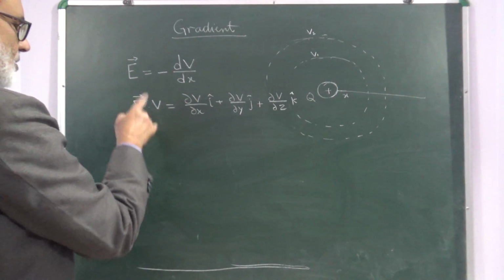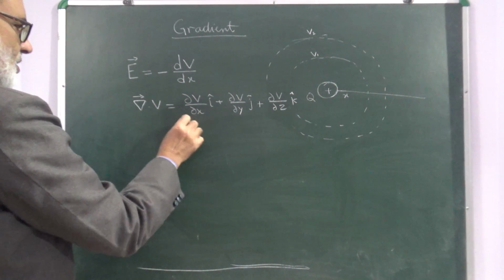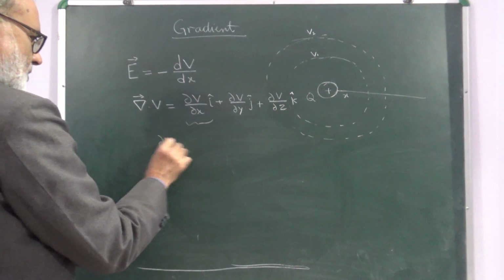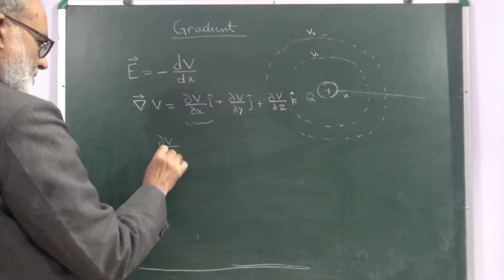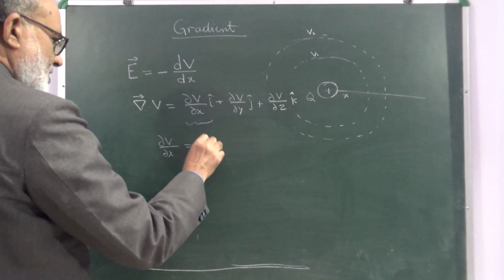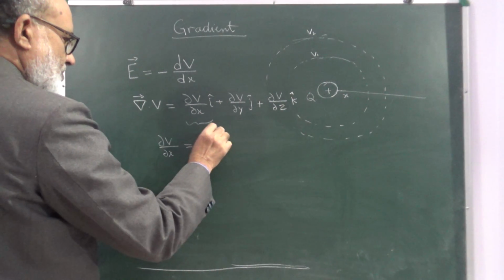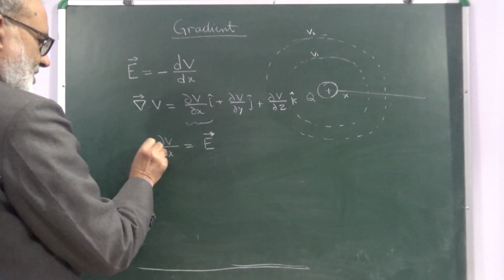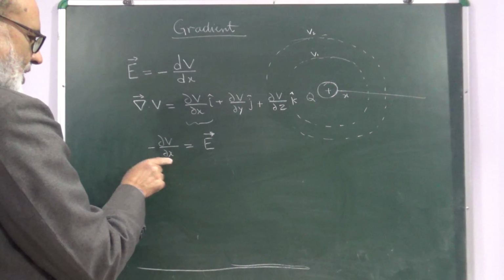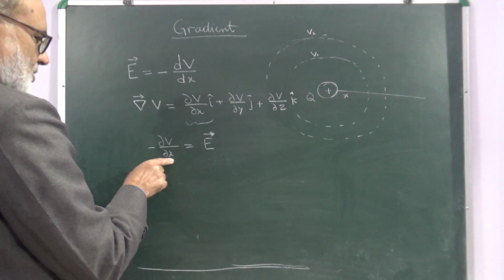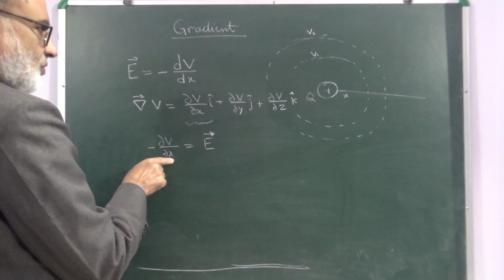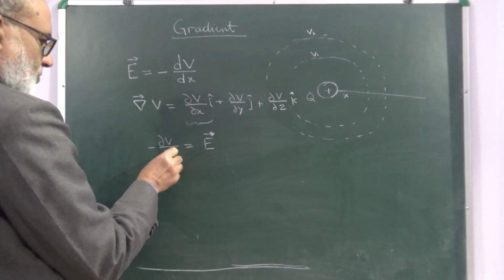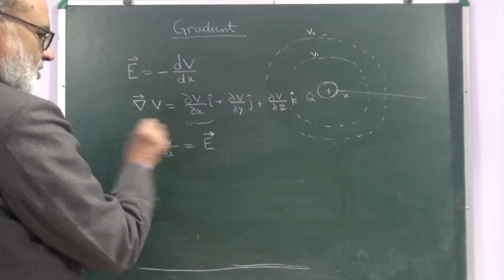If you consider only the x component, dV by dx is actually the electric field along the x-axis, and it has a negative sign because as you go away from the charge, the potential decreases, and as we come closer, the potential increases.